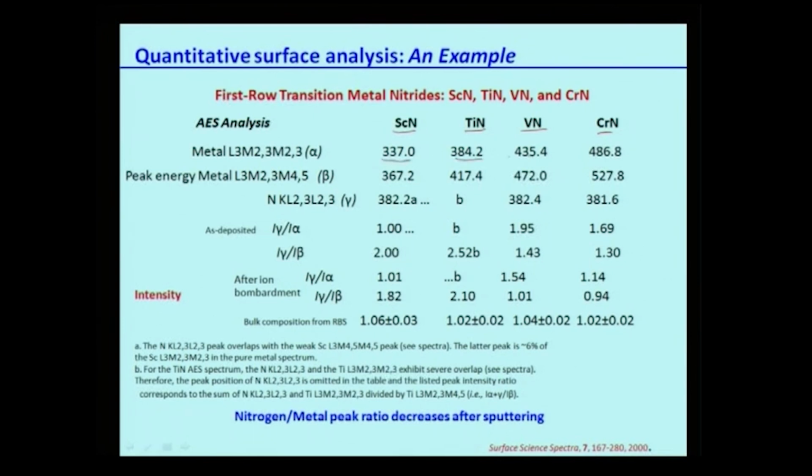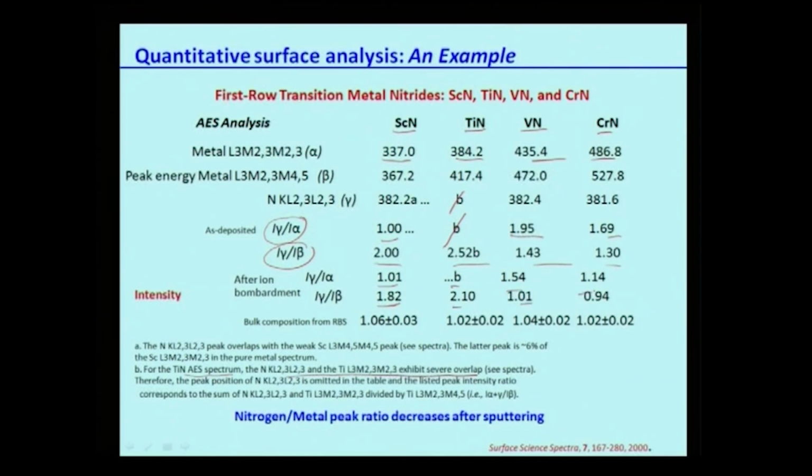You can see these are the peak positions, the changes, and for L3M2M the peak positions are what is important in the as-deposited condition. This is how the intensity ratios vary. B stands for severe overlap, so we cannot detect it. These are the ratios. After ion bombardment, the ratio gets modified, right.